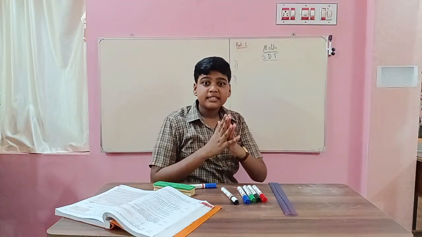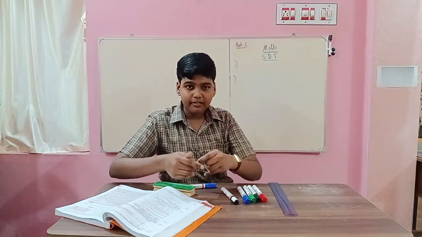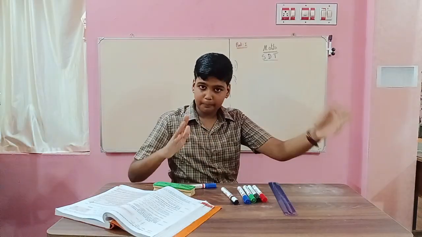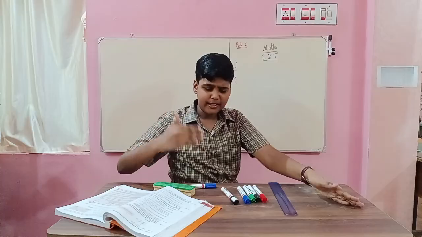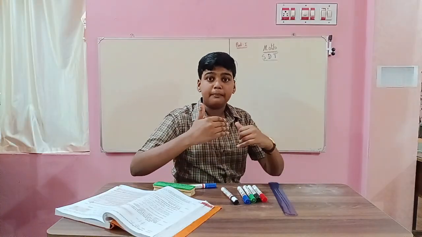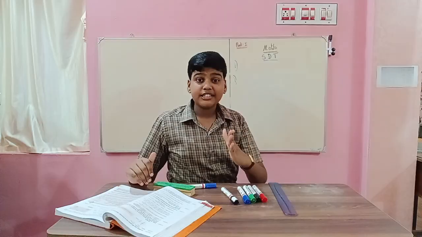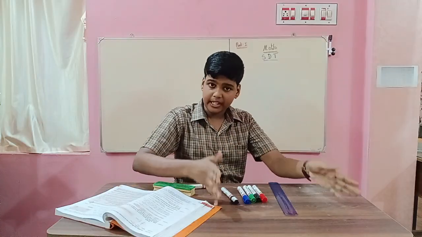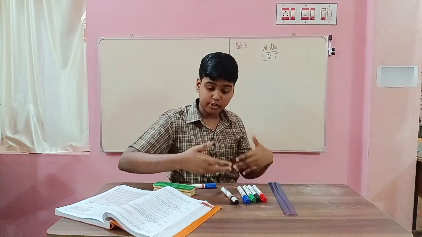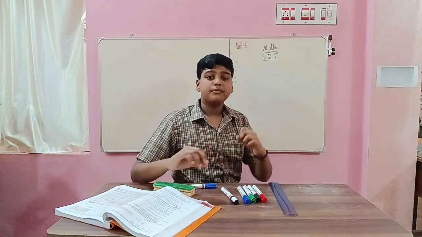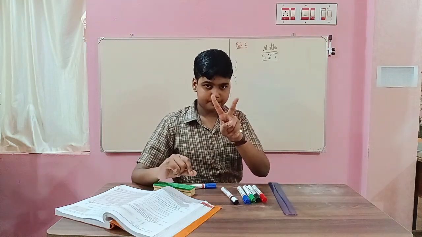So, person A is traveling from one place to another place. The distance between these two places is 222 kilometers, and the time he takes is 2 hours.